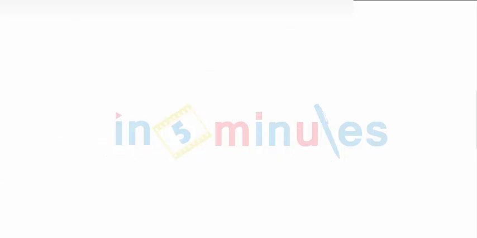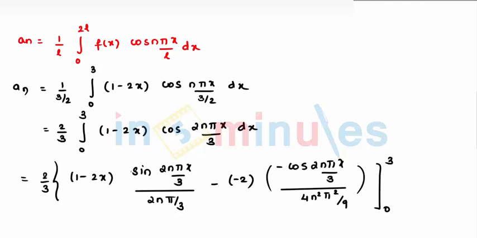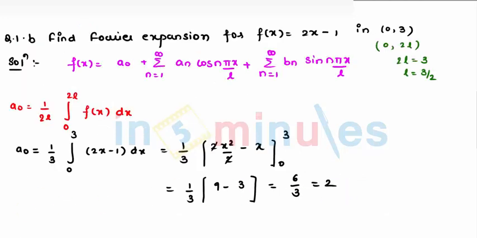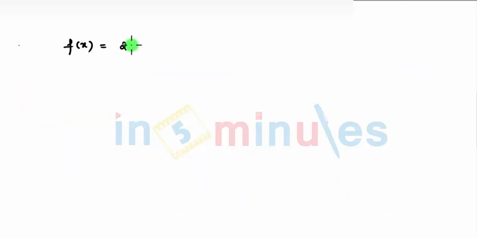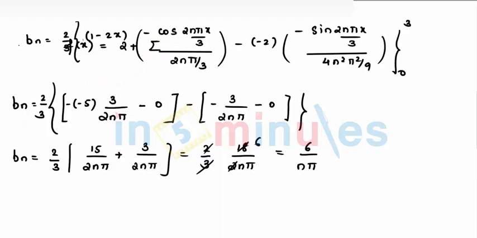So therefore, students, we can write f of x as a0, I got it, that is 2, plus an is 0, so I'll not be writing an, I'll be directly writing bn.